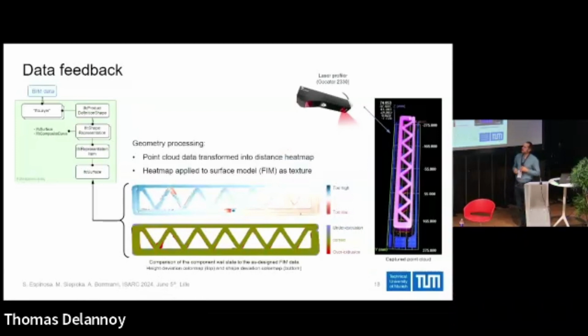So we did an experiment in our small-scale lab, and this is basically what it looks like. We scanned the layer, we transformed it into a heat map, and we also did a deviation map on the shape, in the XY plane. And that is then fed back as a texture.